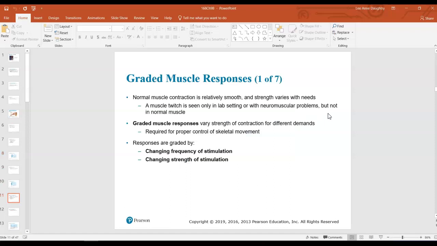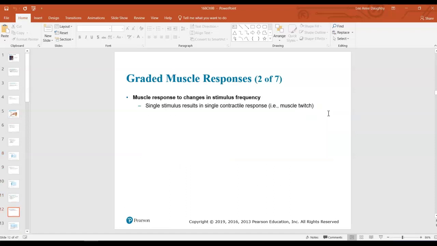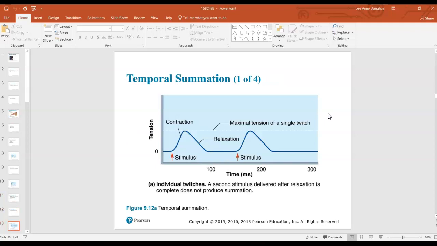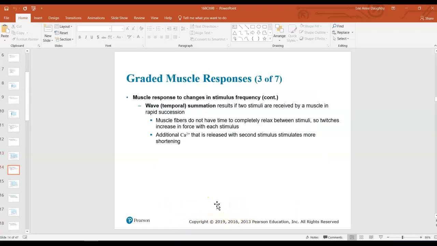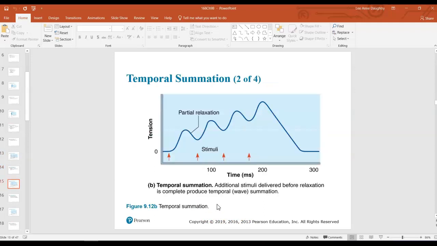When twitches are added together, we call this summation. Temporal summation, over time, means adding them together, one right after the other. This is showing you temporal summation, adding twitches with a partial relaxation phase in between.